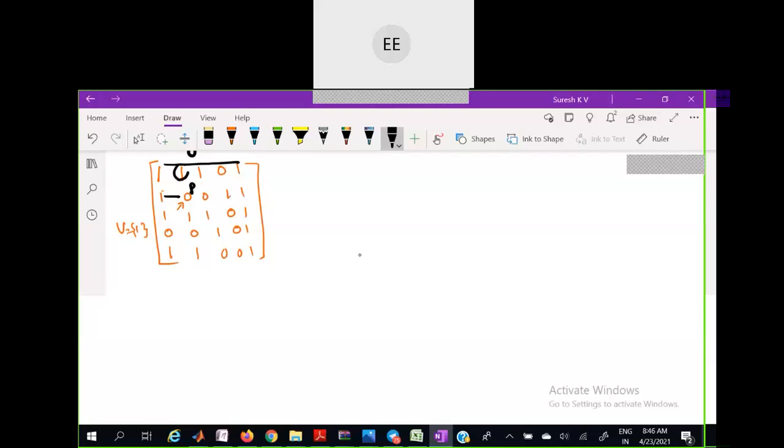This pixel you have already labeled, this pixel you have already labeled.